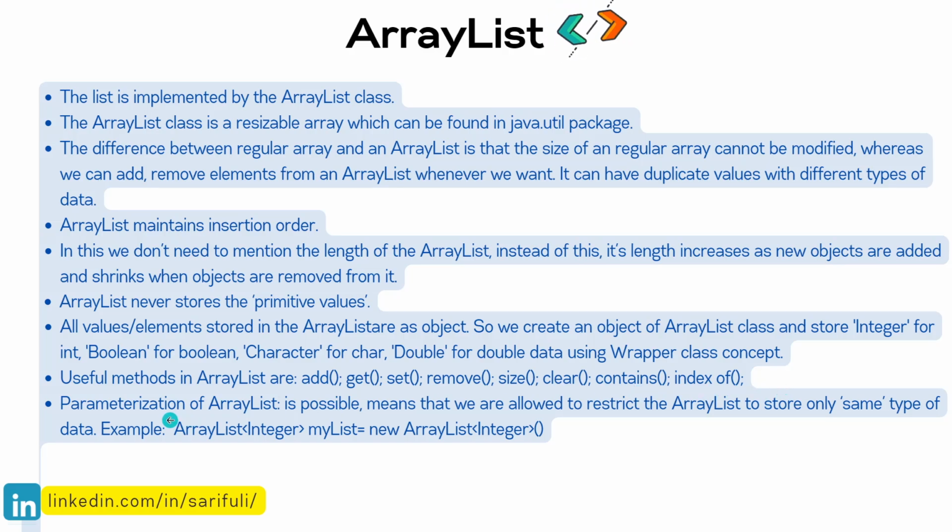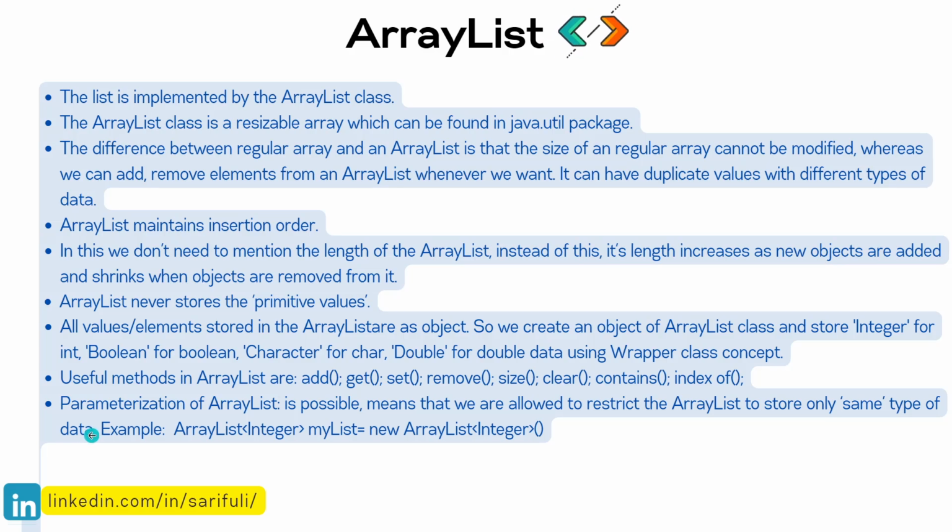There is a parameterization concept you can apply in ArrayList also. It means that we're allowed to restrict the ArrayList to store only the same type of data. As I said, in an ArrayList you can store multiple types of data, mixed types, as well as restrict it to store only the same type of data.